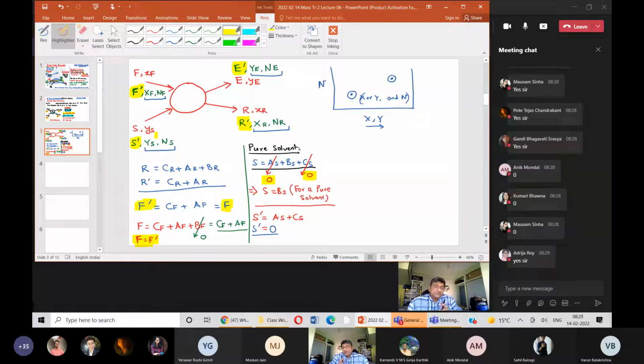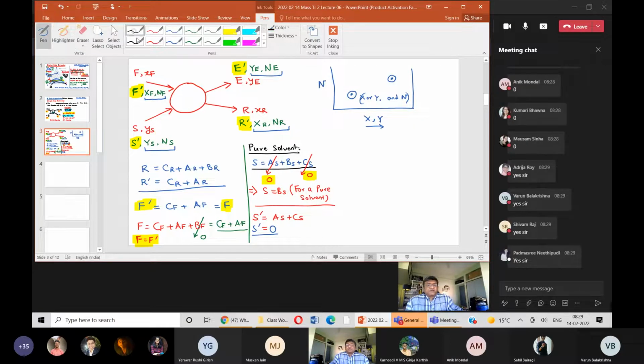And everybody also understands why or how F is equal to F dash. Everybody understands this part? See, if you just read it, you take some note, but your concept will never be clear. Take it from me, please follow this class today. So can I assume that the class understands F is equal to F dash and S dash is equal to 0?